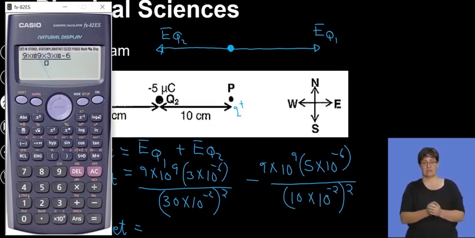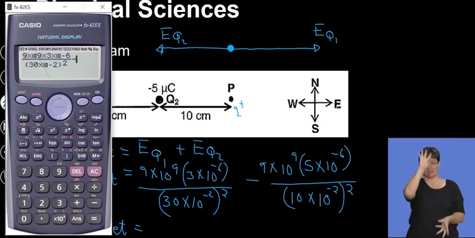Divided by, let's put that into brackets because our intention is to square the distance. So that's going to be 30 multiplied by 10 exponent negative 2, okay? We'll square that as well, okay?